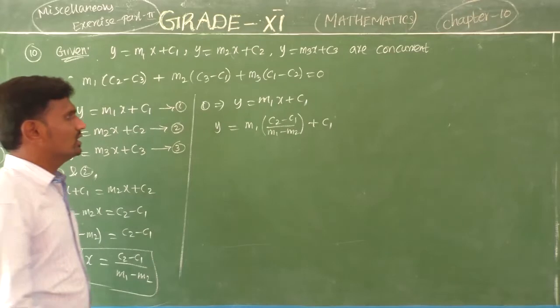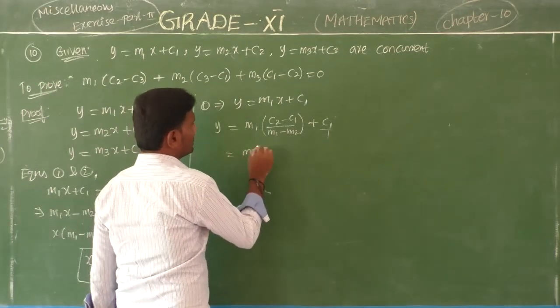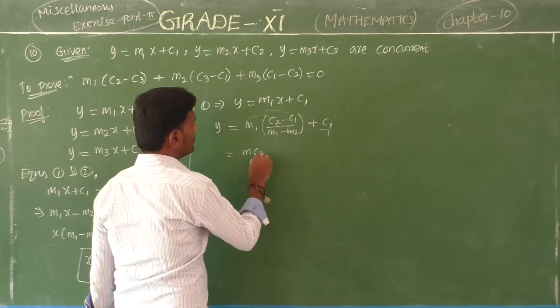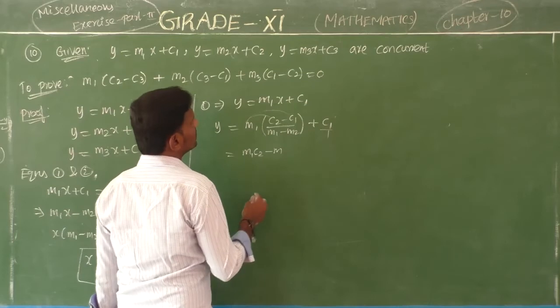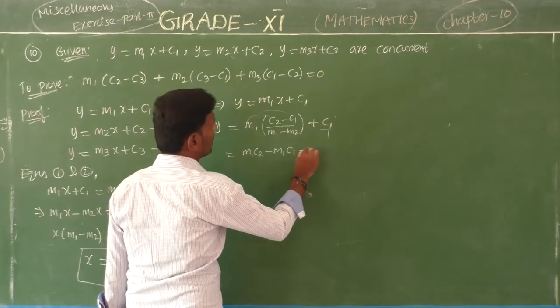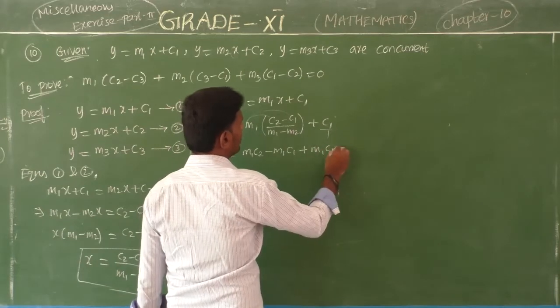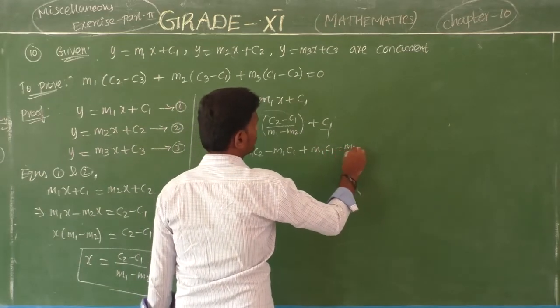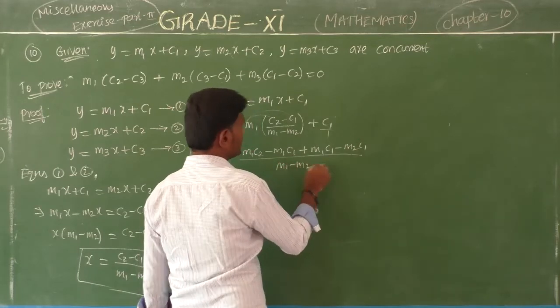Now I am taking a cross multiplication of this. First inside, multiply by m1: m1c2 minus m1c1 plus m1c1 minus m2c1, the whole divided by m1 minus m2.